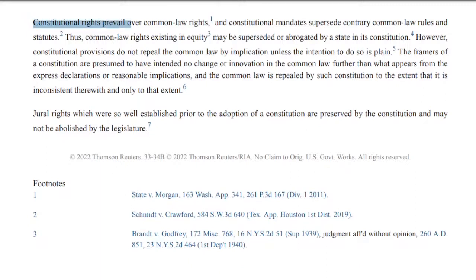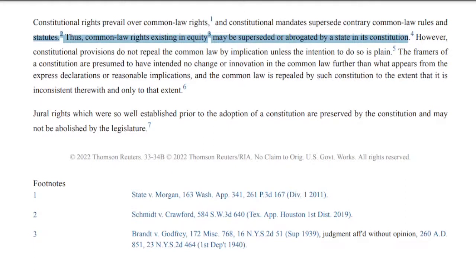Constitutional rights prevail over common law rights. Now, look at this. Constitutional rights prevail over common law rights. And constitutional mandates supersede contrary common law rules and statutes. Thus, common law rights existing in equity may be superseded or abrogated by a state in its constitution.